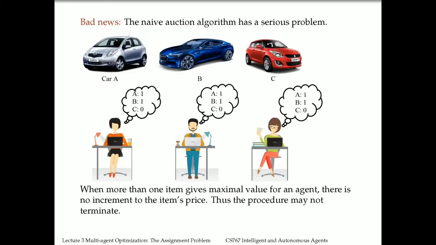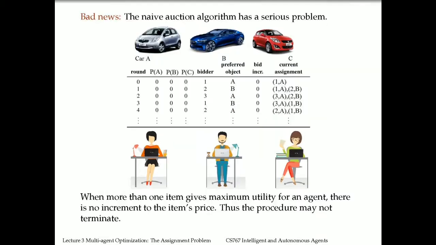For example, all the agents have the same evaluation, 110, of the three cars, A, B, and C. Then, if you run the algorithm repeatedly for A, B, and C, there are sometimes when we do not have any price increment to an item's price, because both A and B will give exactly the same local reward.